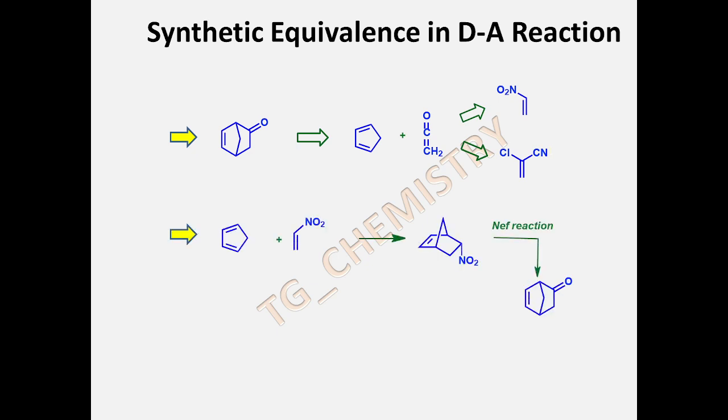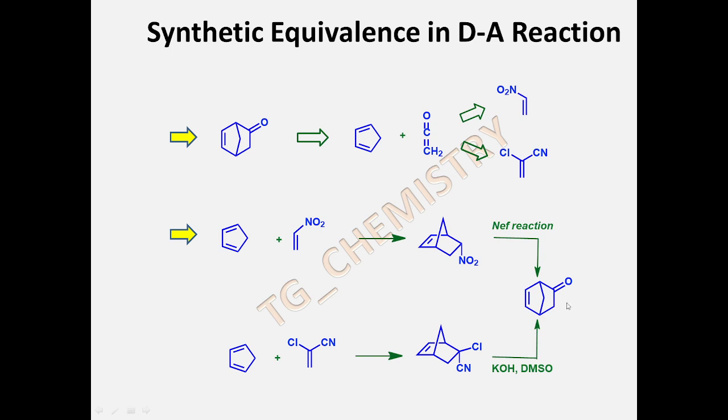And how that can be used: if we are talking about nitroethylene, this can be the reaction pathway. In the Nef reaction, finally you can have the cyclization, and from the NO2 group you can have this bicyclic or bridged cyclohexenone compound. And if you use alpha-chloroacrylonitrile, then you have to go for a process like this, and eventually you end up with a potassium hydroxide reaction to give the bicyclic cyclohexenone compound.